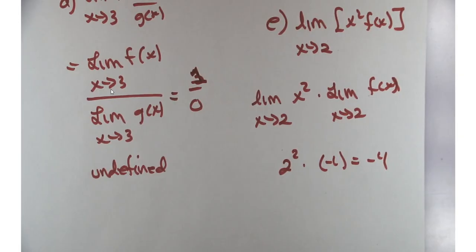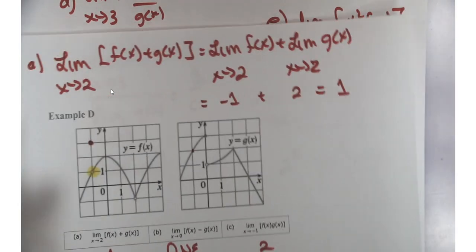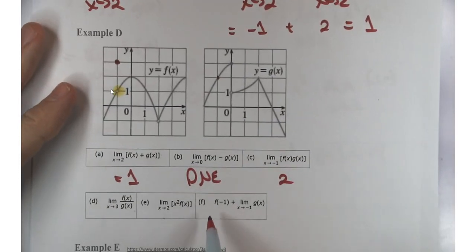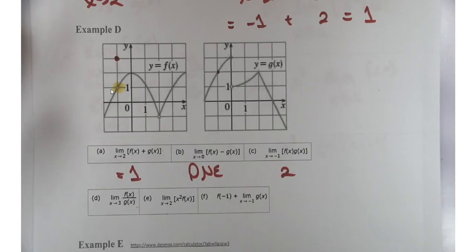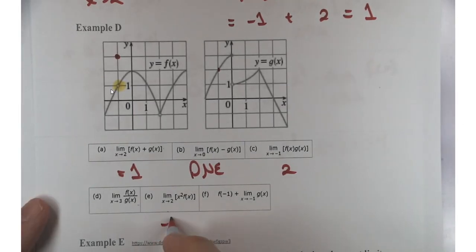The last one's a little bit different. And kind of like this one, so let's finish this up. We've got f of -1 and the limit as x approaches -1 of g of x.